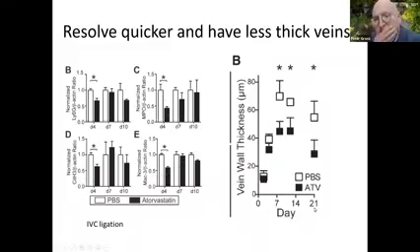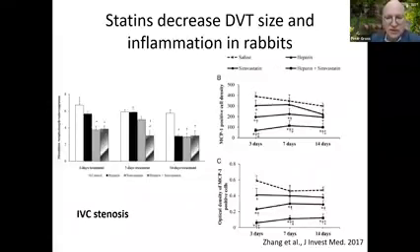And then they looked at inflammation, so the thickness of the vessel wall, how that responded to the thrombus, and the statin mice had less thick vein walls. So this is nice and kind of trying to prove that statins might do something in DVT.